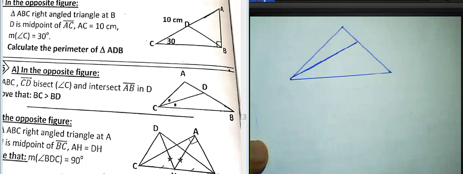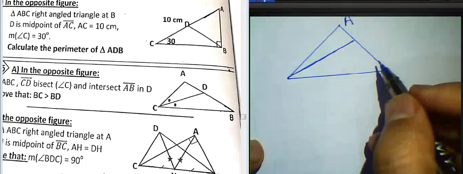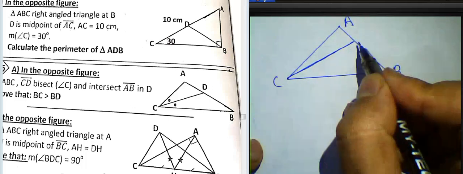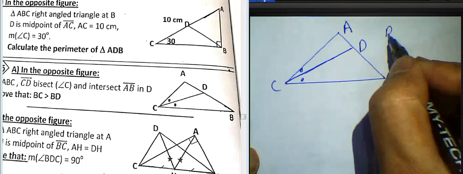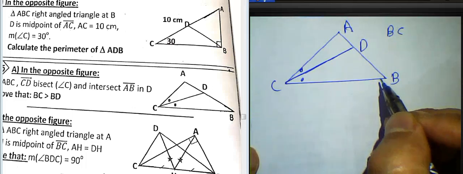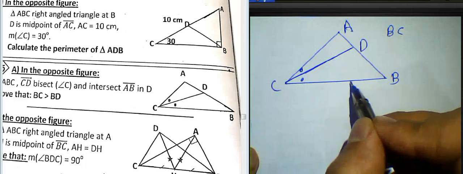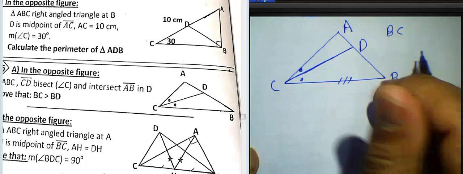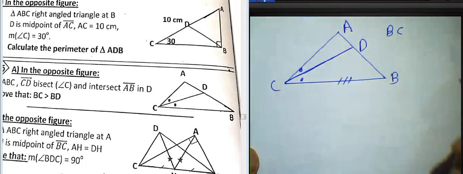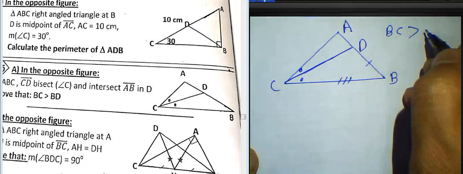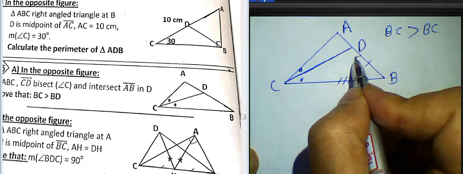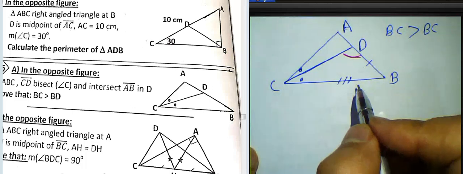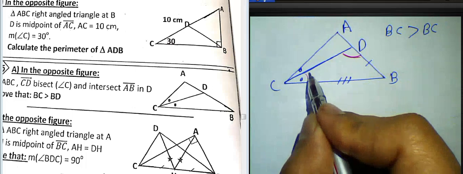Question number 5. Look at here. We have triangle ABC, and it's a bisector of the angle. He wants us to prove that PC, this line segment, is more than BD. So we must prove that the measure of angle D here is greater than the measure of angle here.